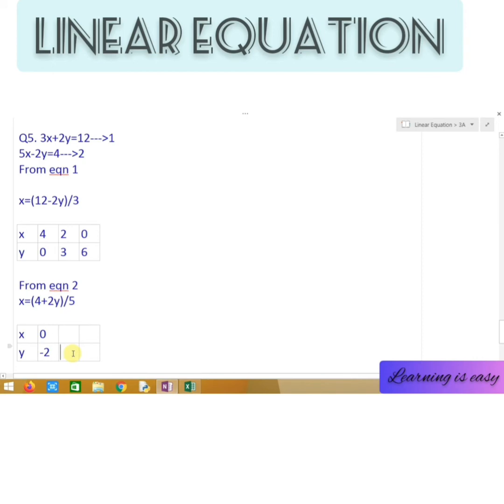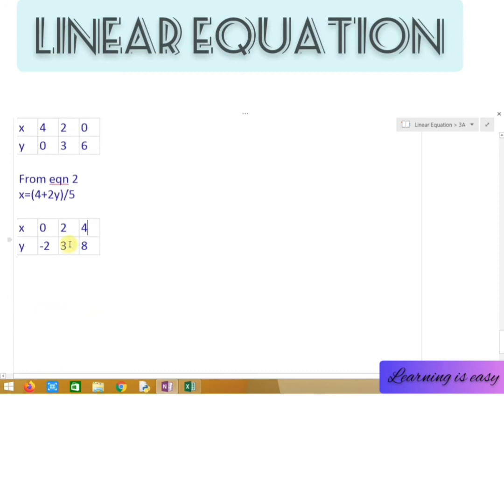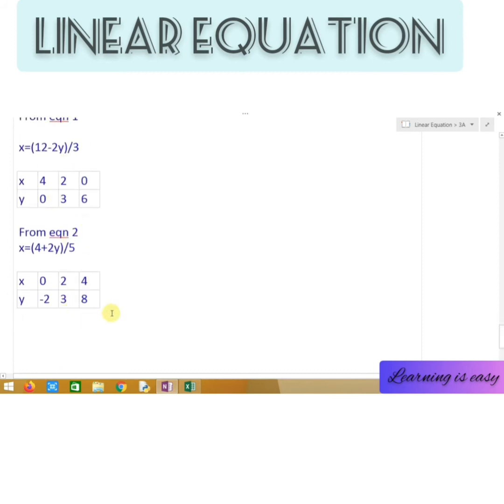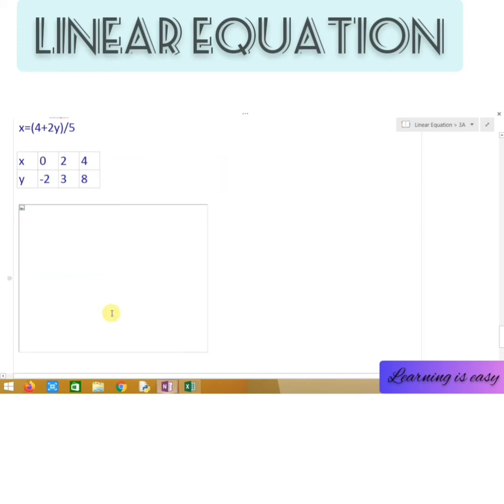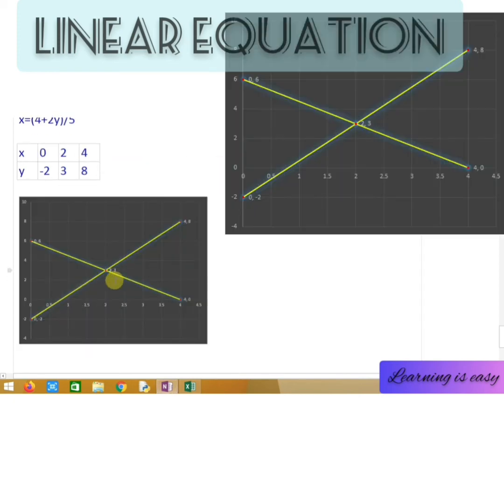So when y is minus 2, x is going to be 0. When y is 3, so 2 3s are 6, 6 plus 4, 10, 10 divided by 5 is 2. When y is 8, 8 2s are 16 plus 4, 20 divided by 5 is 4. So now we can plot the graph and see where it makes the solution.